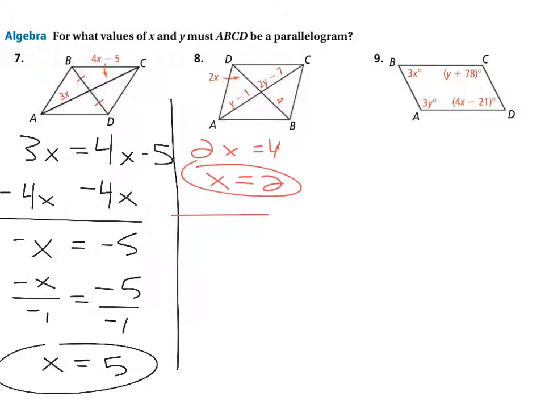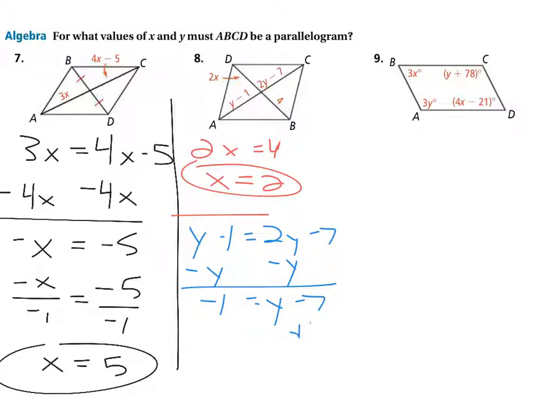This section and this section have to be equal. That is bisected, so we can say y minus 1 is equal to 2y minus 7. Minus y, negative 1 equals y minus 7, and we add 7 to both sides, and we get y is equal to 6.